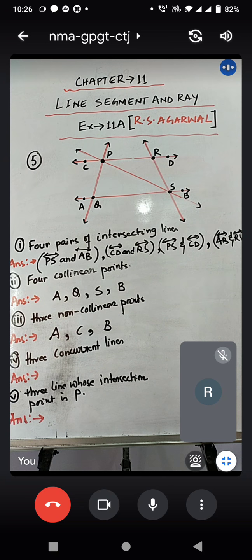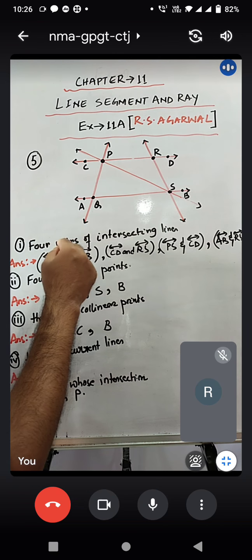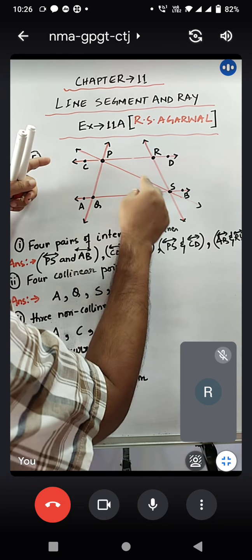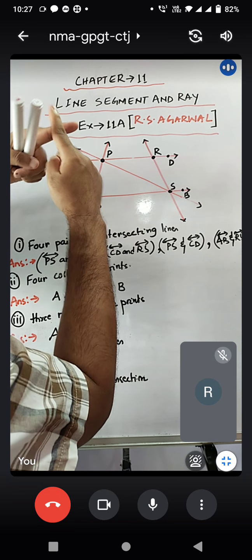Now, 3 concurrent lines. That means you have to find 3 lines which intersect at one particular point.